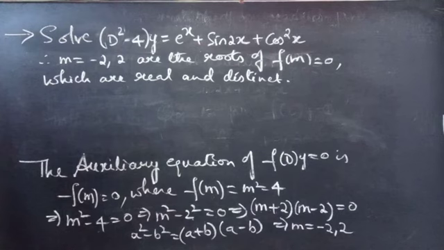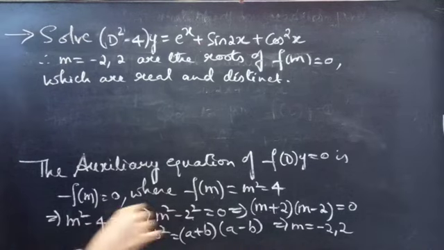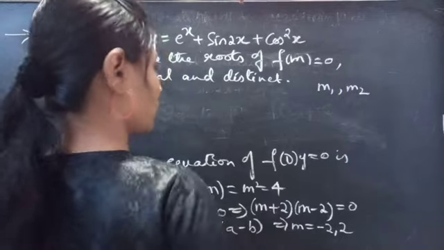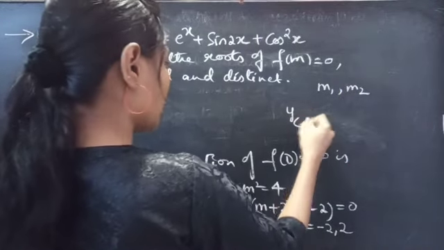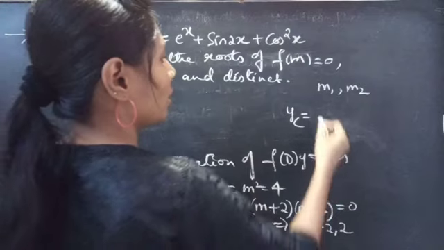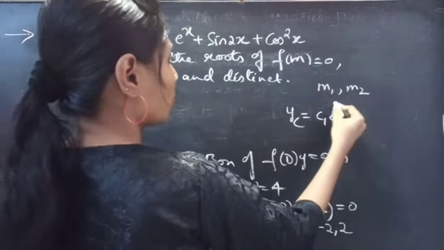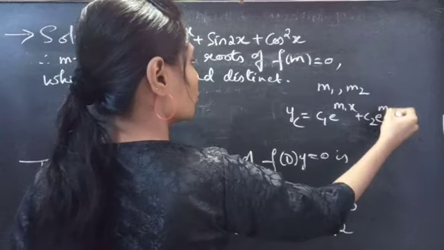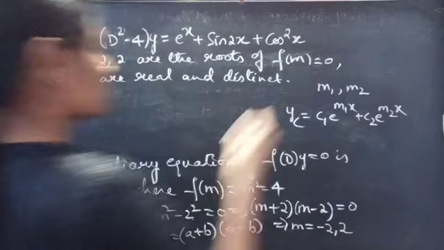Now we can write the complementary function. We know that if two roots, say m1 and m2, are real and distinct, then the complementary function will be one constant into e power one root into x plus the other constant into e power the other root into x, right?